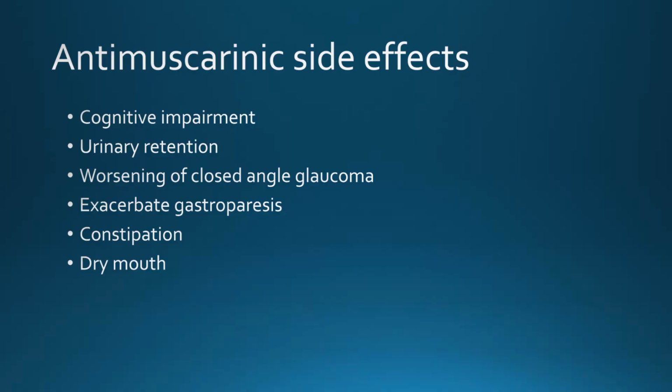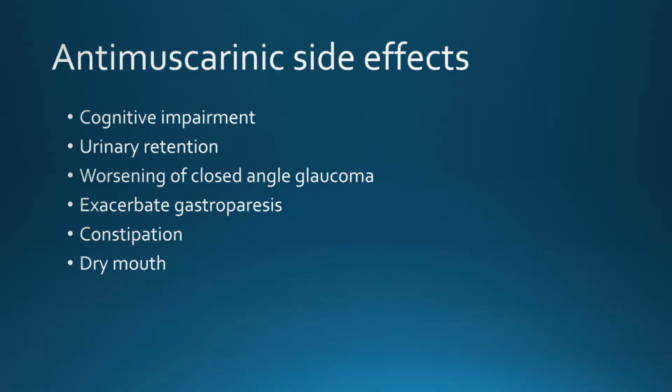In those kinds of medications, the antimuscarinic side effects are something to consider. They're not particularly trivial. Although some of the medications are touted to have fewer side effects than others, don't believe it. There's cognitive impairment, with short-term memory loss. You also get potential urinary retention.